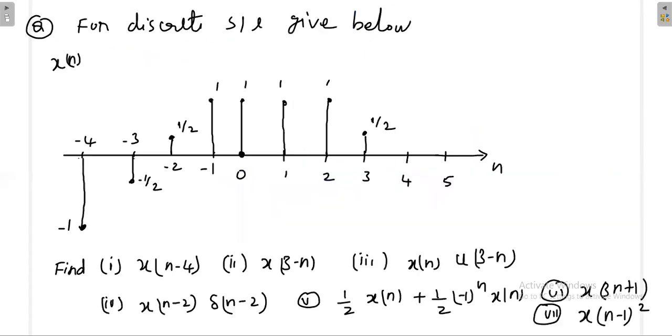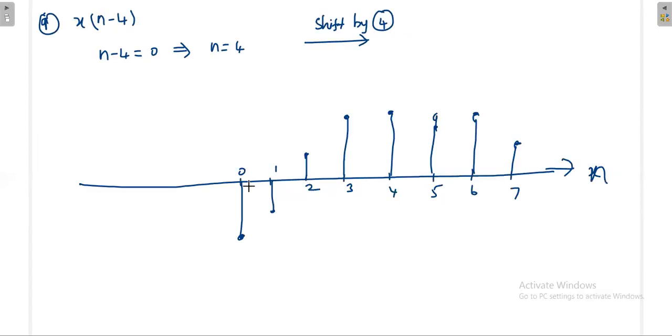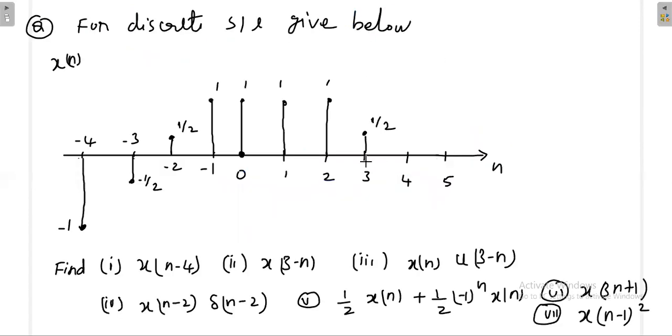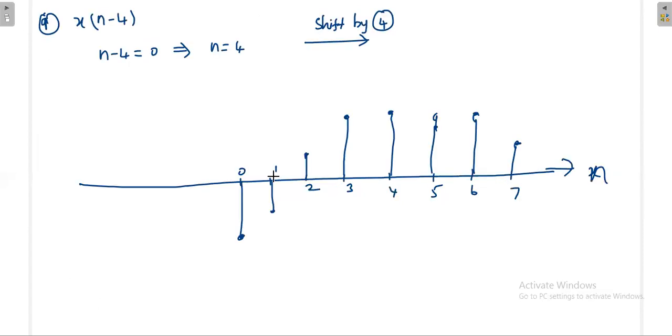The original diagram is shifted by 4 units. It starts at 0 and ends at 7, because initially it was ending at 3, and 3 plus 4 is 7. All the amplitudes remain the same: minus 1, minus 1 by 2, 1 by 2, 1, 1, 1, and 1 by 2. There is no change in amplitude, only in time. So only time shifting is there, towards the right-hand side by 4 units.